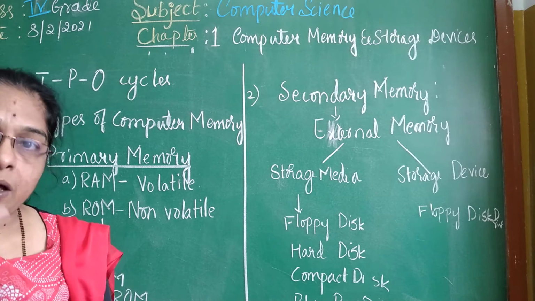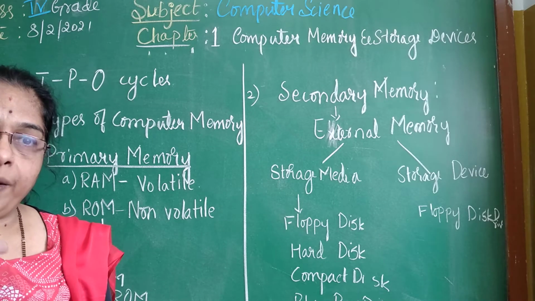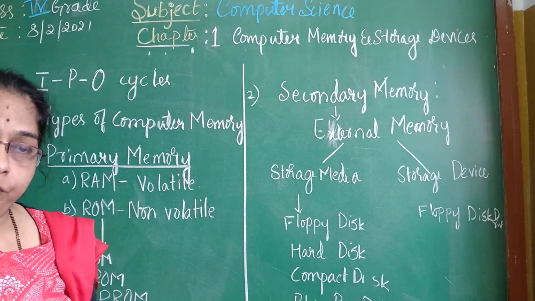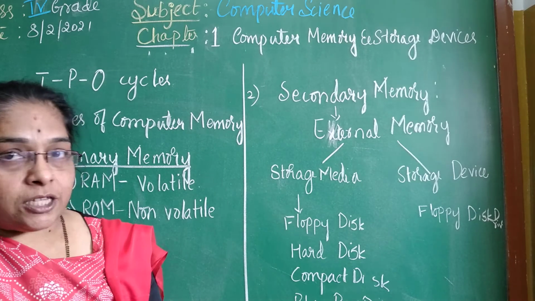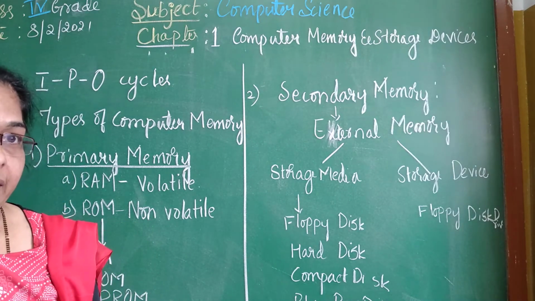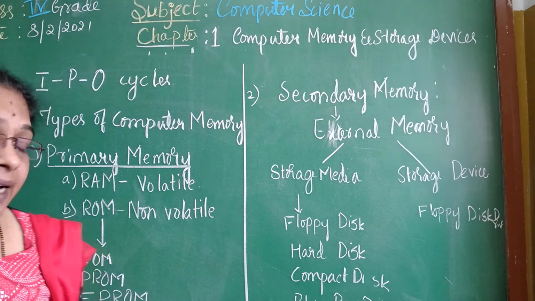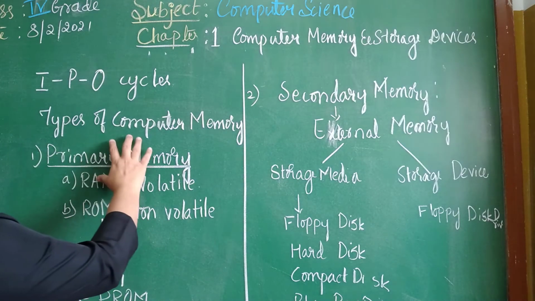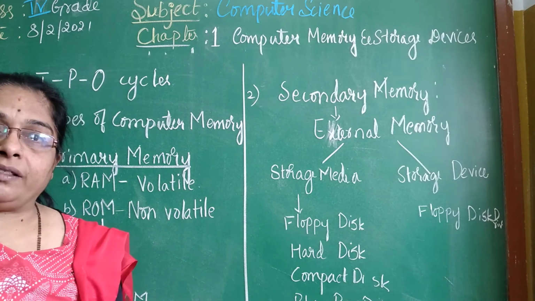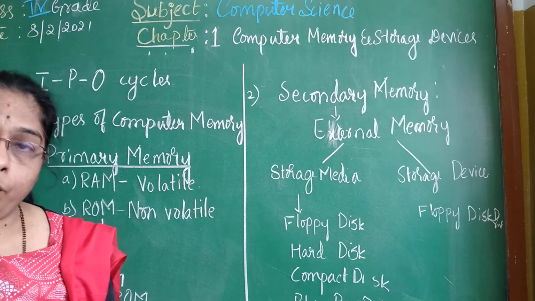For example, important things of a chapter, normally you note them, right? Like that, a few important things we can store in the brain, but not everything. We may forget. Like that, computer memory is primary memory. It is limited. You cannot store everything in the primary memory.